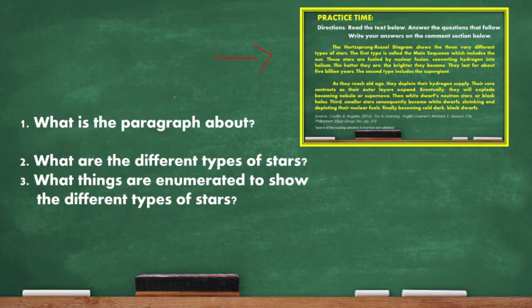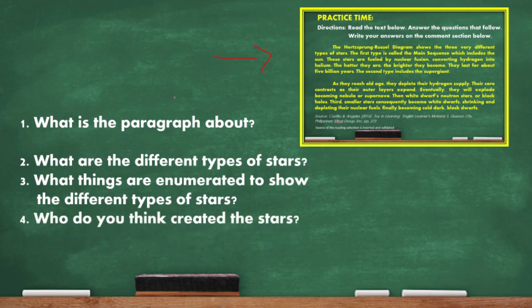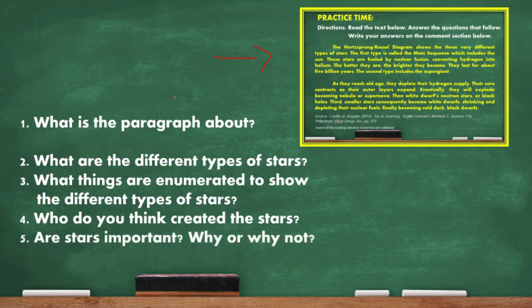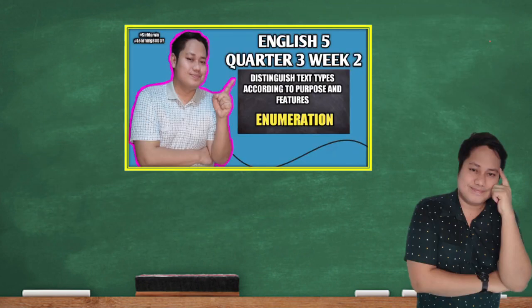Remember, we are going to identify the things that are enumerated. Number 4. Who do you think created the stars? And number 5. Are stars important? Why or why not? Remember, please type your answers on the comment section below.